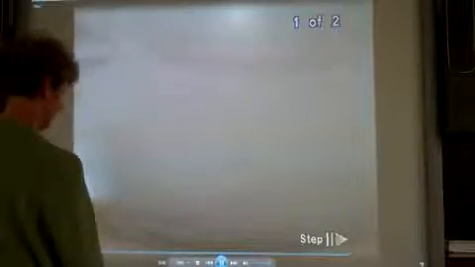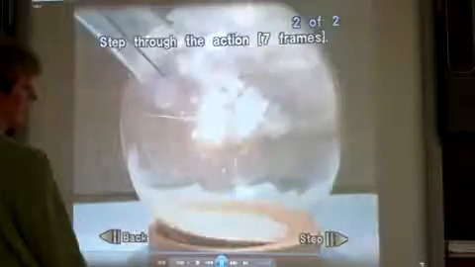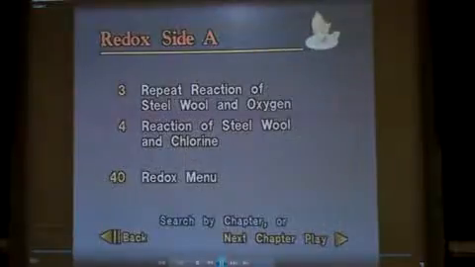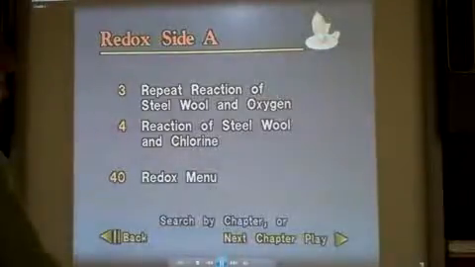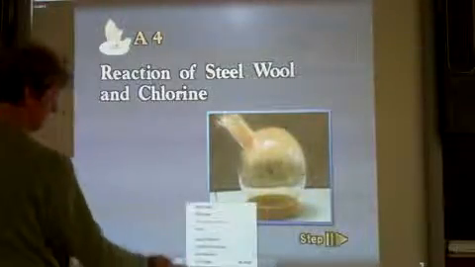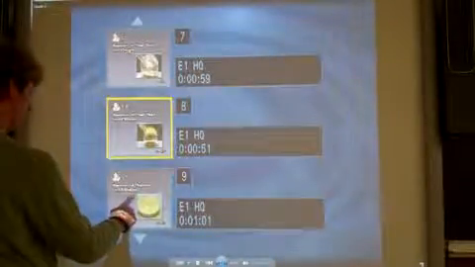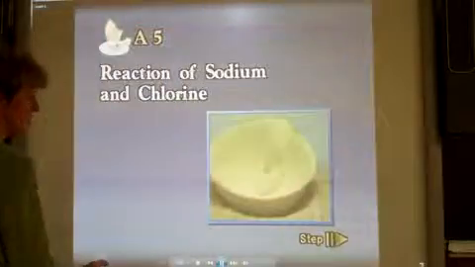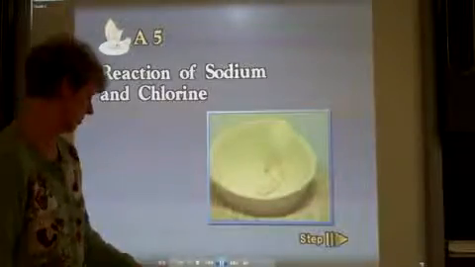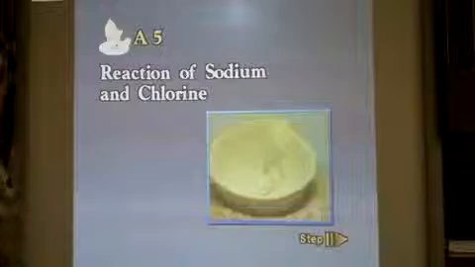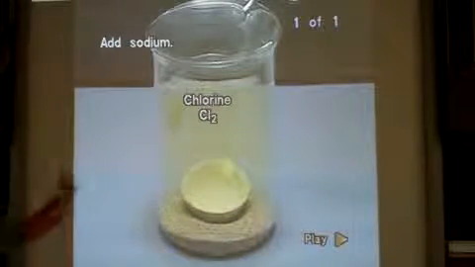Again, powerful. Okay, the next one, not so important. Let's go back here to the titles. Sodium and chlorine. Let's watch sodium and chlorine. Now, we all know what salt looks like, but how is it made? Well, it's found in the earth.